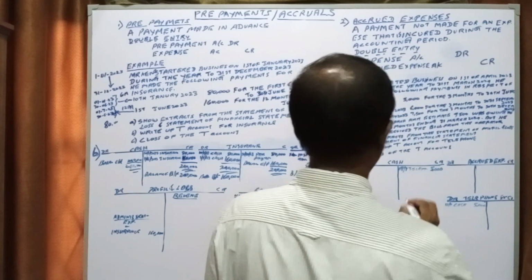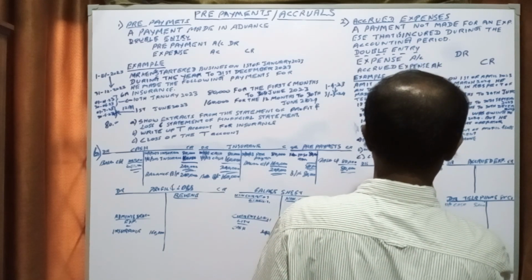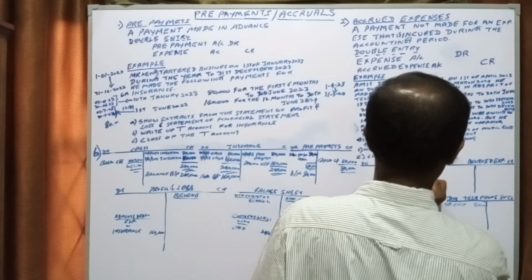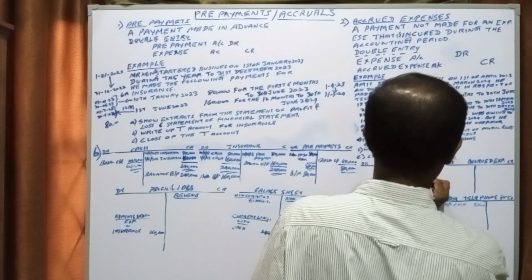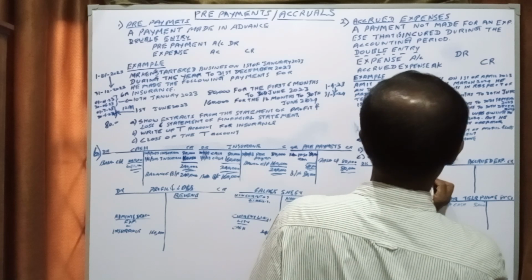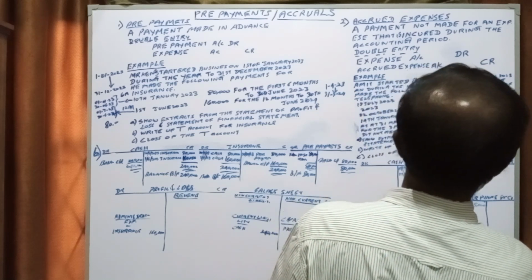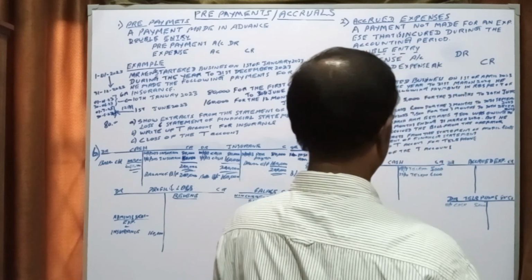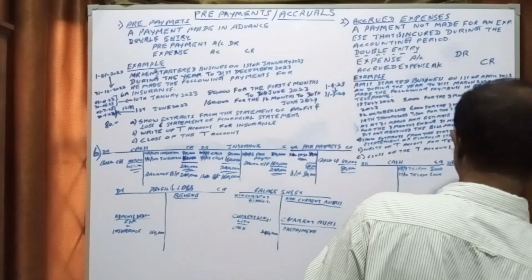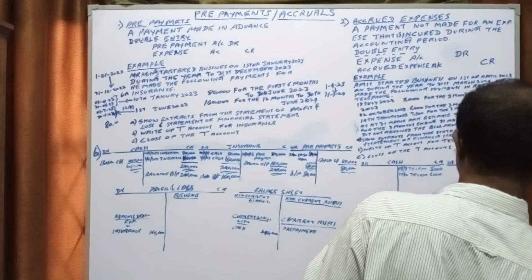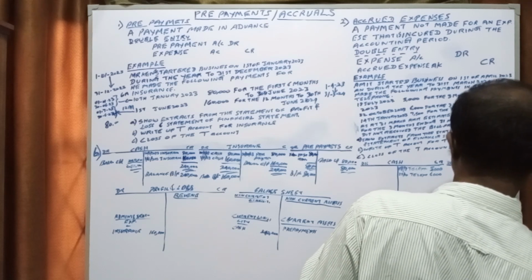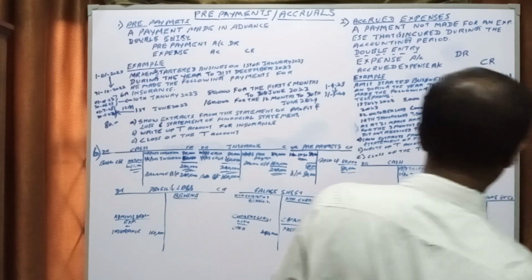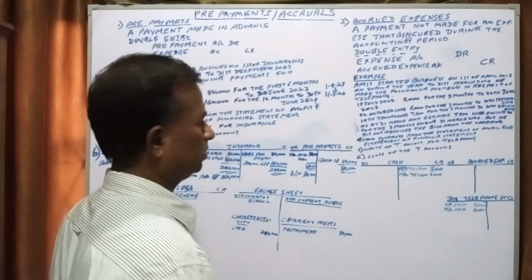So on 22nd October, paid telephone charges, how much? 6,000. 22nd October, cash 6,000. Okay.